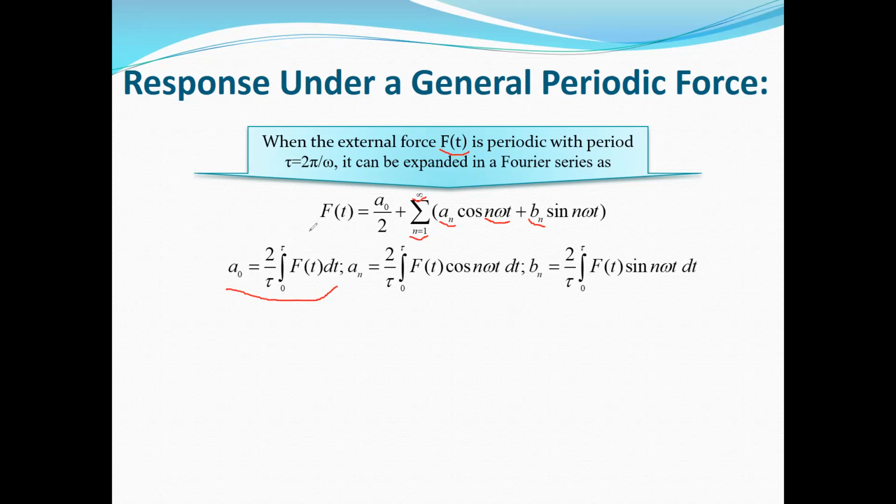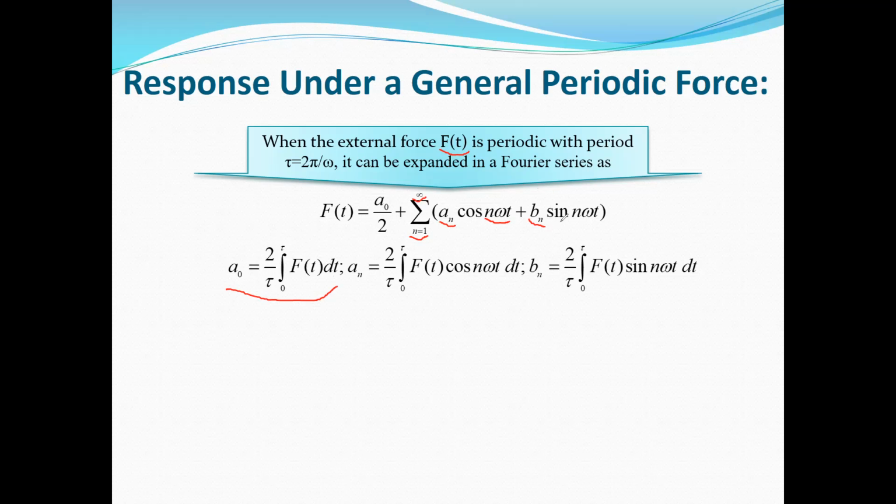So this is an approximation solution, but the accuracy of this solution is usually acceptable, and we will discuss how many terms in this series will be required to find an acceptable estimation for the response.